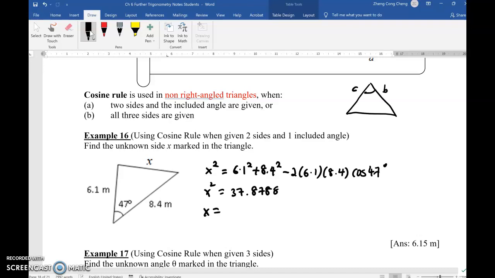So square root, we will get x is 6.15 meters.